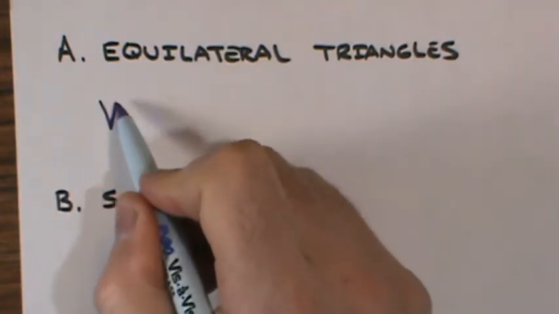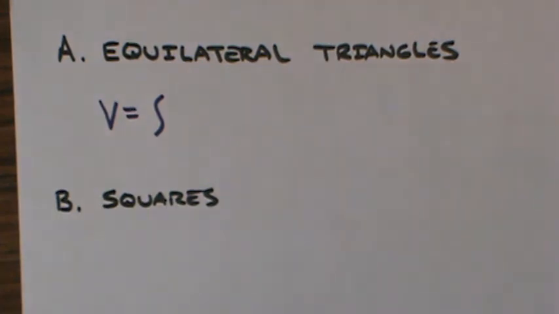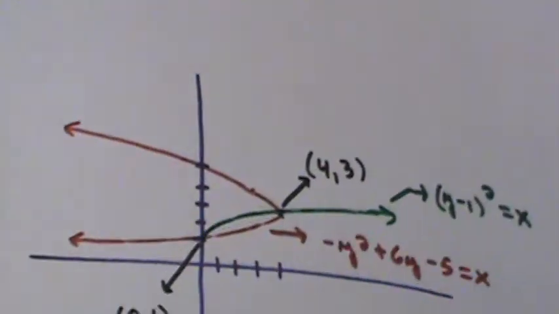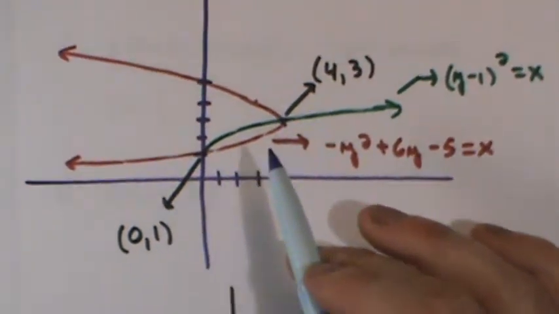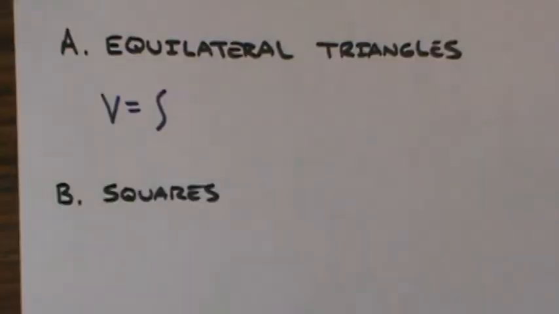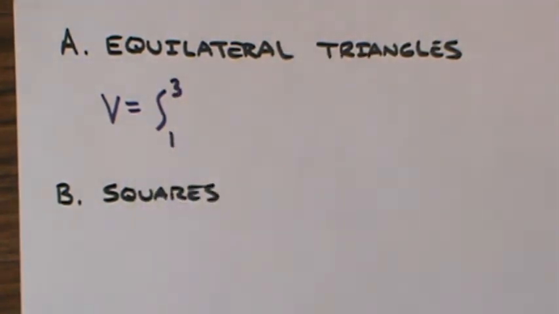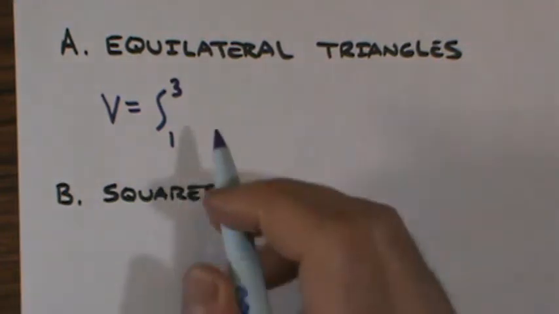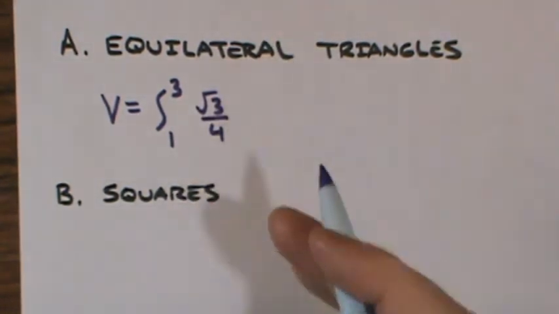My volume would equal the integral. Now because this is perpendicular to the y-axis, I'm interested in these y values. So I'd go from y equals 1 to y equals 3. And for an equilateral triangle, we said that that formula would be radical 3 over 4 times the base squared.